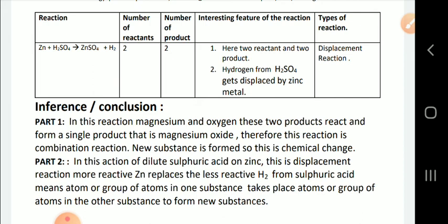For example, action of dilute sulfuric acid on zinc. Second, reactions are called combination reactions when a single product is formed from two or more reactants in a chemical reaction, like you have seen in the case of the magnesium ribbon and oxygen.